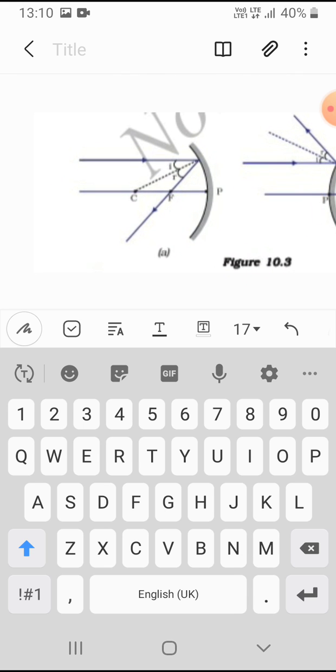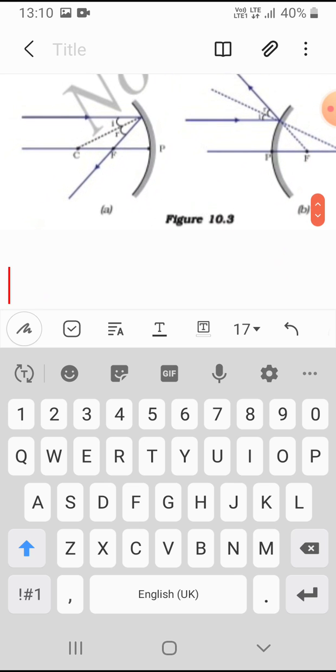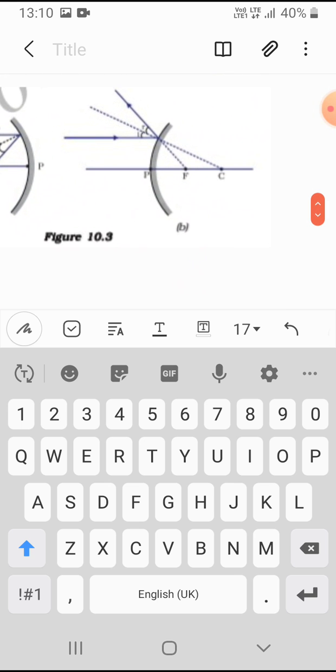And in the second, the convex mirror, a light is coming and it gets reflected, but here inside it joins the focal point and the center of curvature, both.